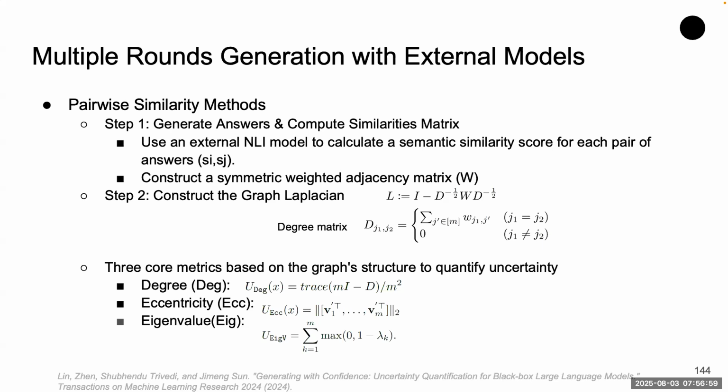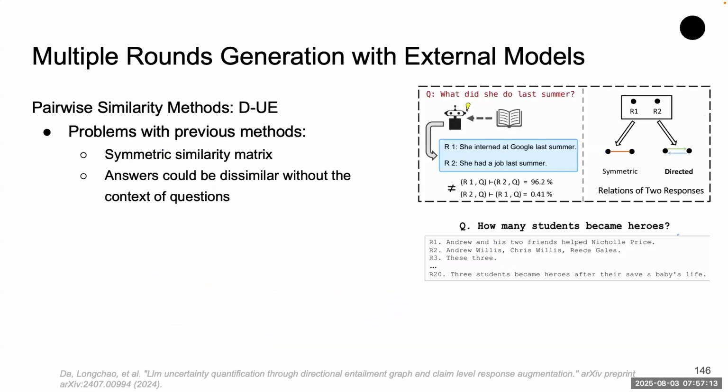semantic adjacency matrix. They're basically saying the similarity between those two answers should be like, if I'm similar to you, you should have the same similarity to me, right? But in language models, it's not really the case. If you're thinking about entailment, the output of an AI model is more than just similarity. It's entailment.